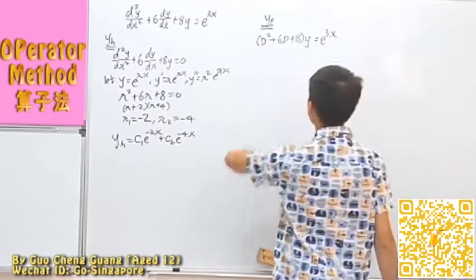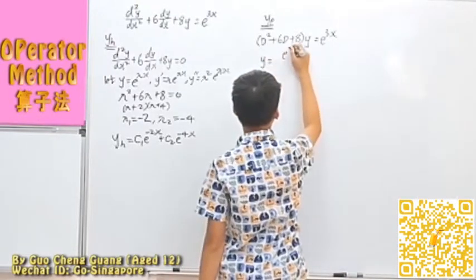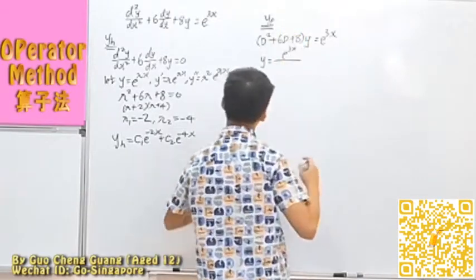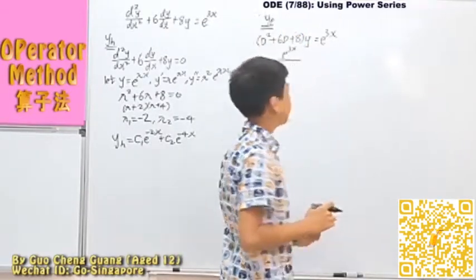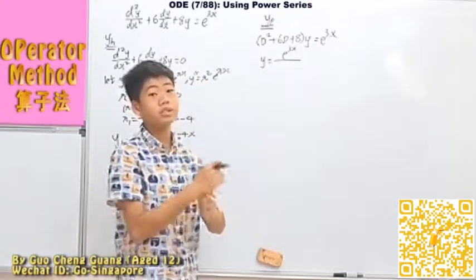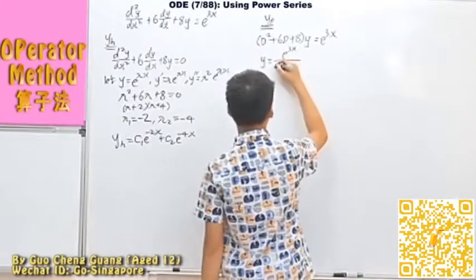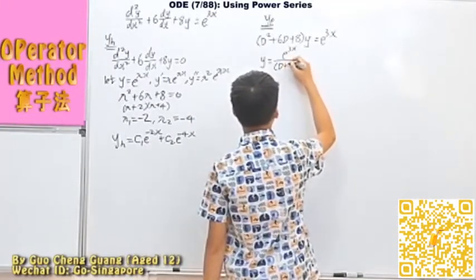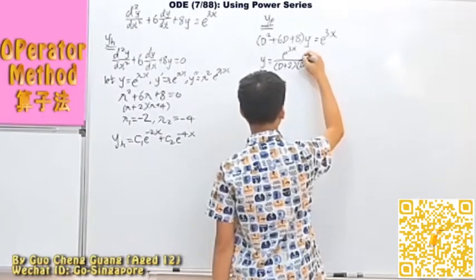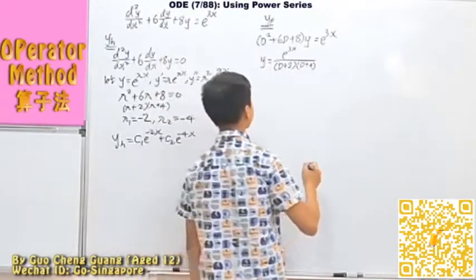When we're using the operators method, we're sort of dividing this to the other side, although in reality we cannot divide it, we're just taking what if we could divide it. Then we factorize at the same time. So we're just thinking if we could divide this.